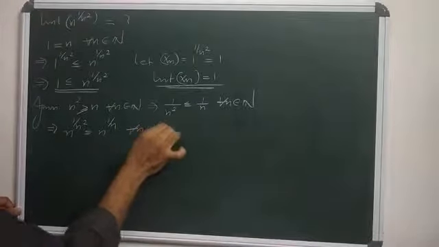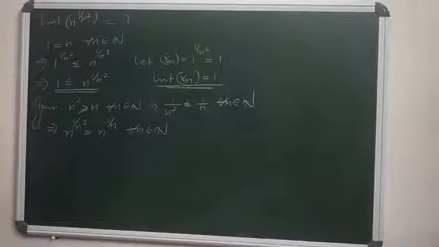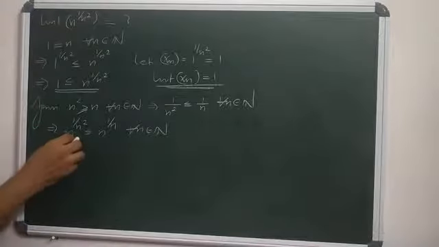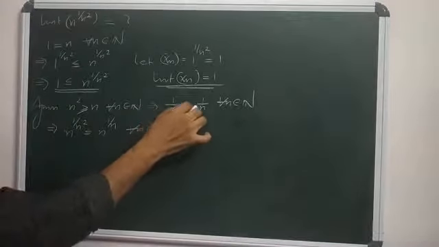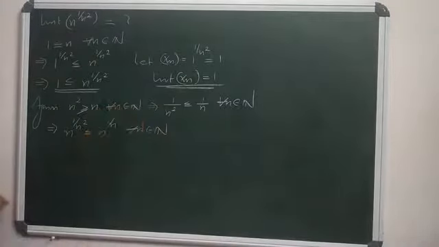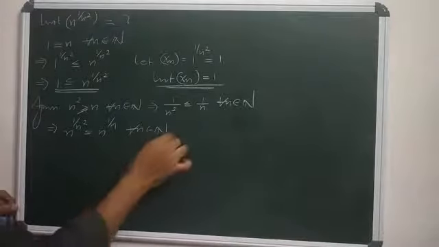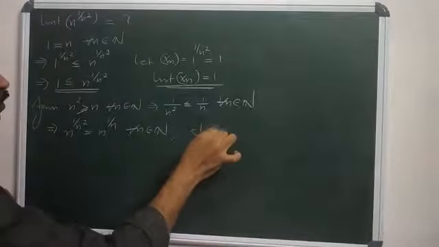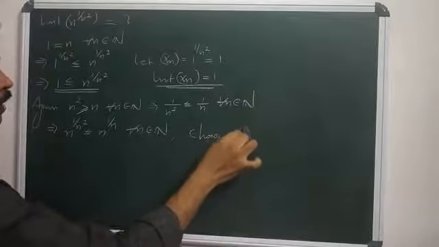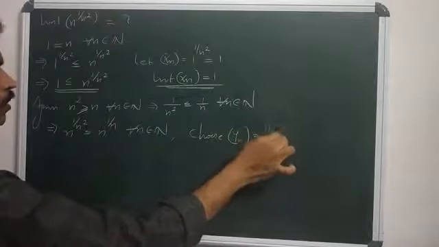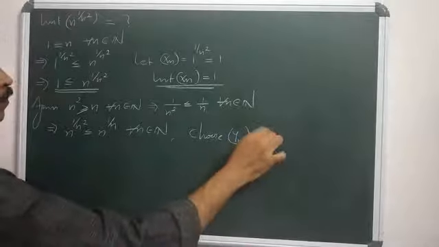Sure? 1 by n square is less than or equals 1 by n. Therefore, n to the power 1 by n square is less than or equals n to the power 1 by n for all n. Then you can choose the sequence yn equals n to the power 1 by n.